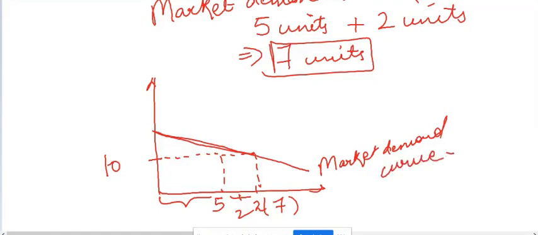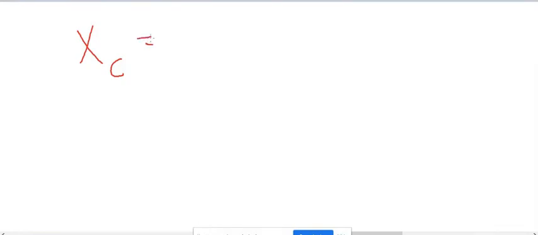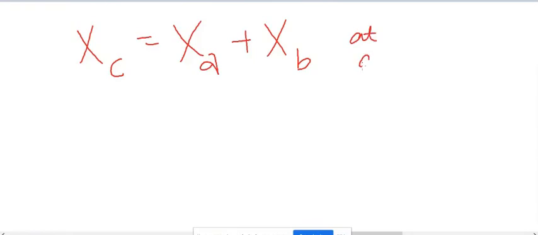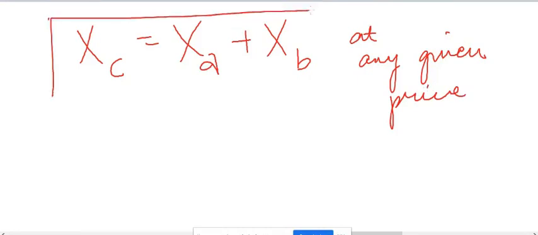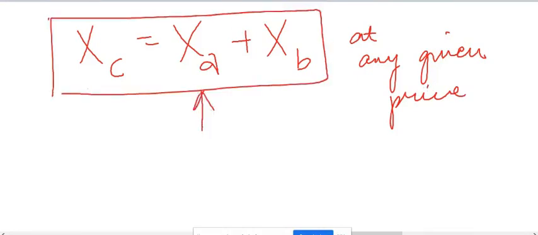If I have to show this mathematically, how would we show that? We would say that market demand, let us represent it by XC, is the demand by individual A plus the demand by individual B at any given price. This is what was happening till now.